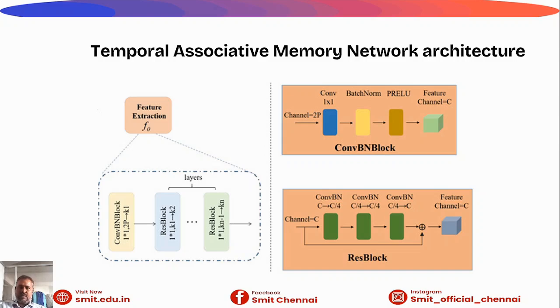Convolution, batch normalization layer, and feature channel are there. Convolution and batch normalization in the middle layer. Residual block means channel C, channel C/4, C/4 into C/4, C/4 equal to C. Here we have a convolution of C type of network, three types of layer network, here called a temporal associative memory.